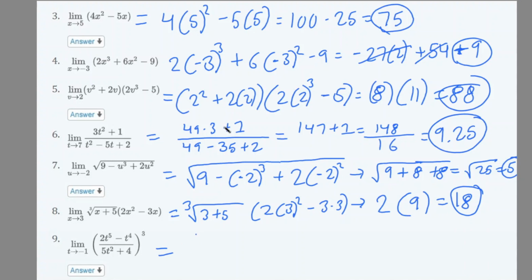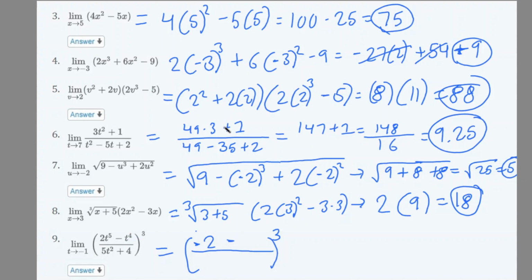Now number 9, limit as t goes to -1. This is a bit of a long one, but we can also just plug it in here. And at the end we have to cube it as well. So t to the power of 5, -1 to the power of 5 gives us -1. So the first number would be -2 here, and then minus t to the power of 4, which is -1 to the power of 4.